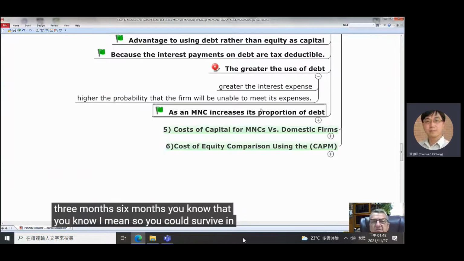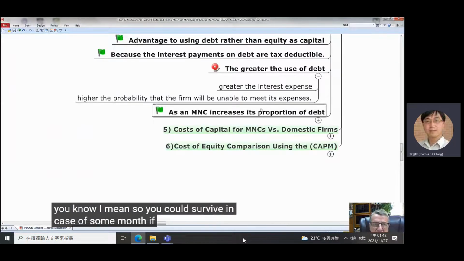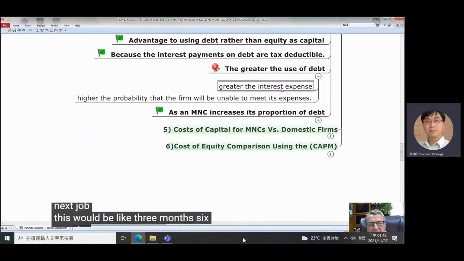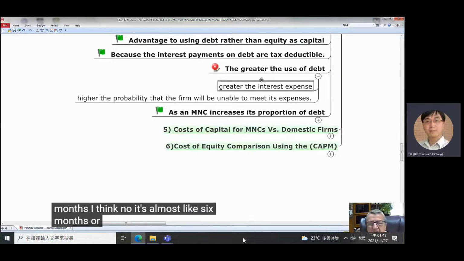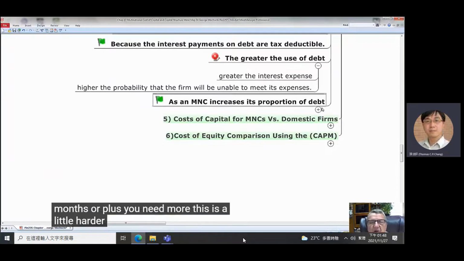I mean, so you could survive in case you lost your job, how many months of savings should you already have to hold you through till you get the next job? It should be like 3 months, 6 months. I think now it's almost like 6 months or more. You need more because it's a little harder because of the job market, even though it's opening up.